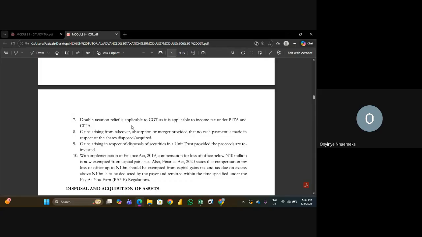They're just telling you that just as we have DTA under PITA and CITA, we also have it under CGT. And the rule under PITA and CITA is that we follow the agreement between the two countries, or between the three countries, whatever it could be, multilateral or unilateral. Do you get? So there's no one single rule.